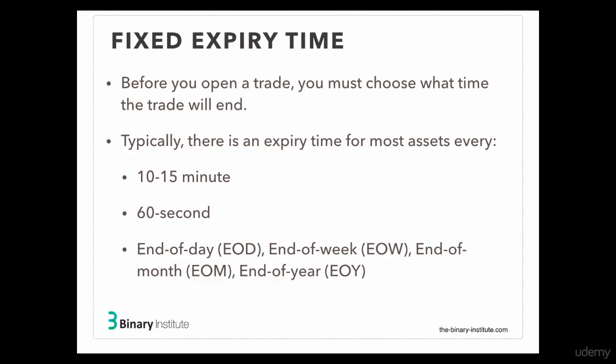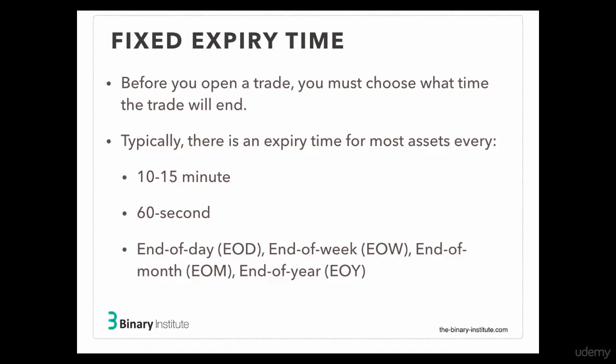You also usually have short-term contracts, which could be anywhere between 30 to 60 seconds, up to maybe 300 seconds. Now, most platforms also offer long-term contracts, which usually expire anywhere from the end of the week, end of the month, and also you have end of year trades.